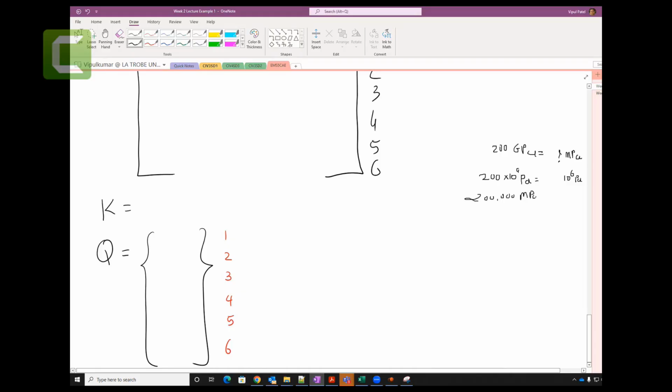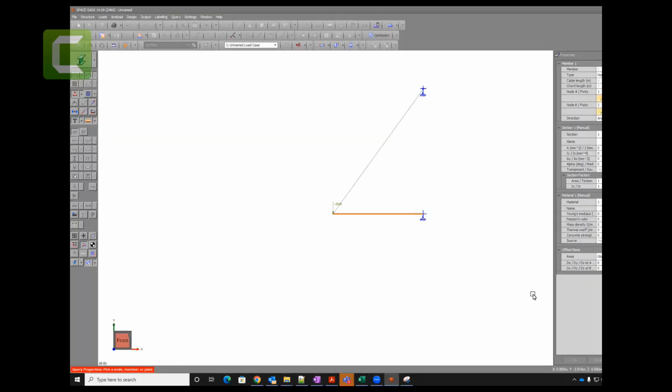That is how it becomes: if you multiply by a thousand, you are in a position to convert this into 200,000 megapascals. So let's put this 200,000 megapascals as the Young modulus.